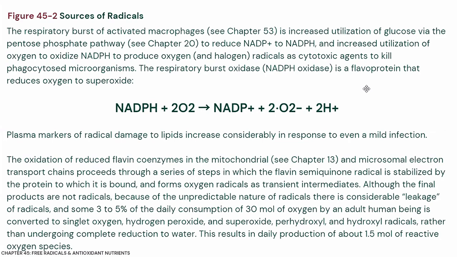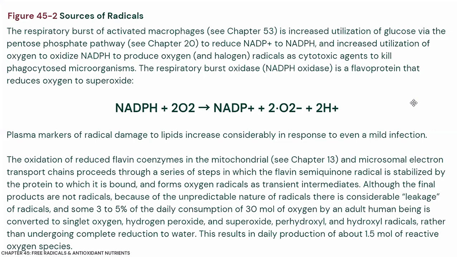And they call this the hexose monophosphate shunt or pentose phosphate pathway. There are two products of this pathway out of glucose: NADPH and ribose 5-phosphate.